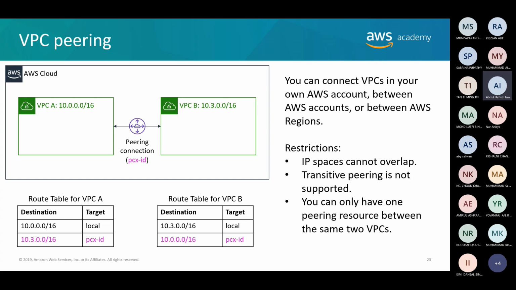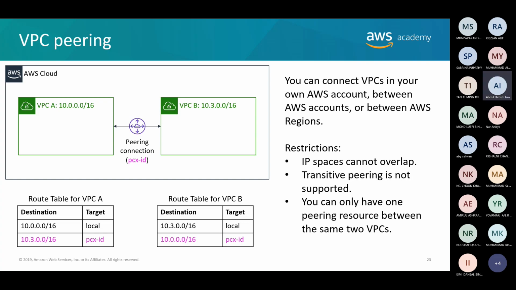Contohnya kita ada dua VPC, VPC A, kita dah buat kerja kat sini, kita buat certain project and so on. And then kita buat another VPC, Virtual Private Cloud, kita buat another project. And then kita nak communicate antara dua ni, then kita just guna this service, kita panggil VPC peering.